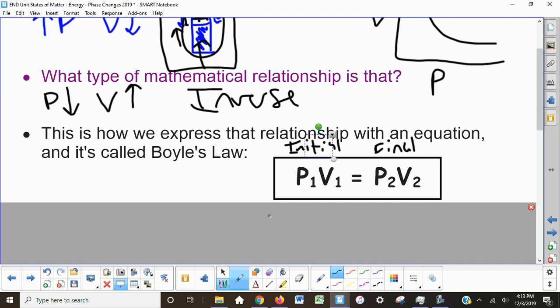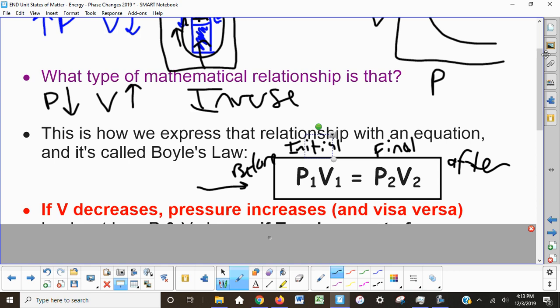This is where you're starting, and this is where you're ending. This is before you studied the gas, then you changed pressure or volume, and then this is the after. If we're given 3 of the 4 variables here, we can solve for the last one.